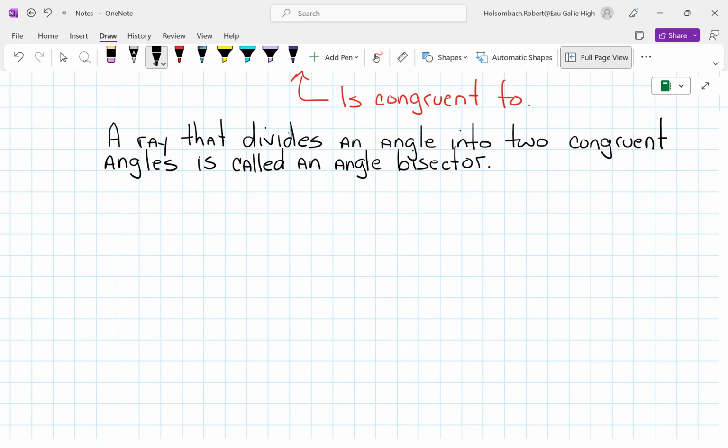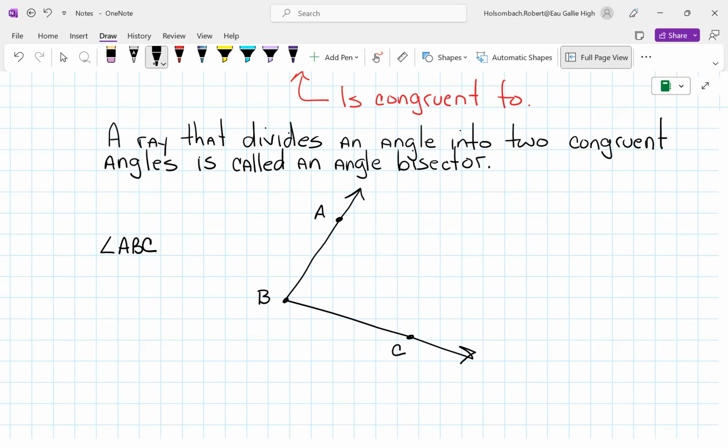So if we draw one big angle, and let's label this angle ABC. When you're describing an angle, the vertex is always the middle letter of the angle. This big angle right here is called angle ABC.